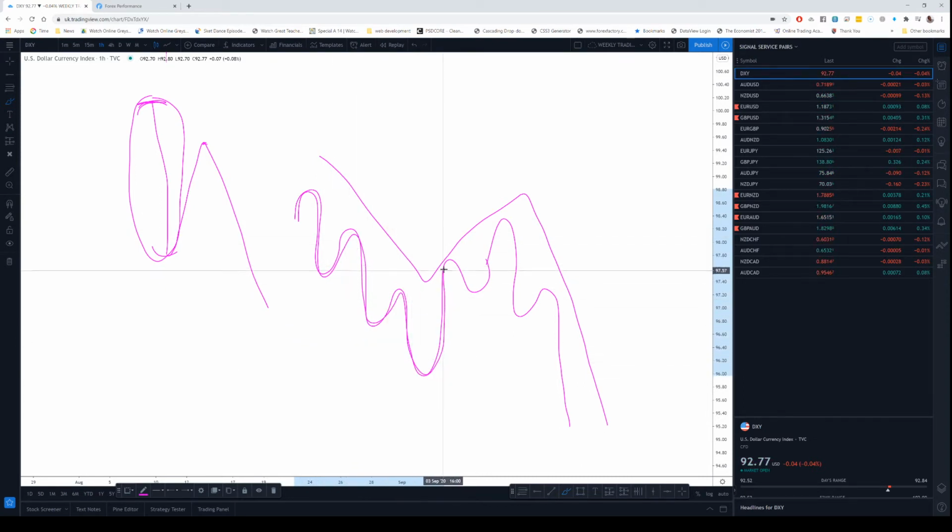And then we changed direction, and then went up, and then changed direction again, and then we went down. All right, so you can see the 4-hour market structure was bearish, but the 1-hour market structure turned out to go bullish, whereas the 4-hour was still bearish.